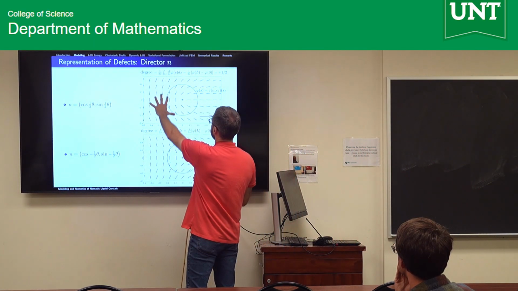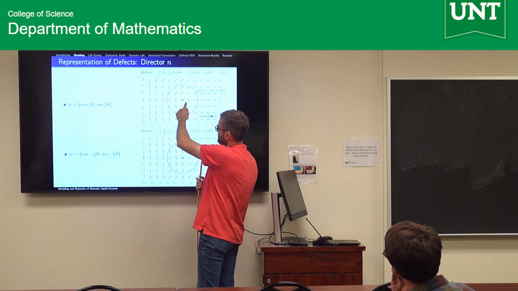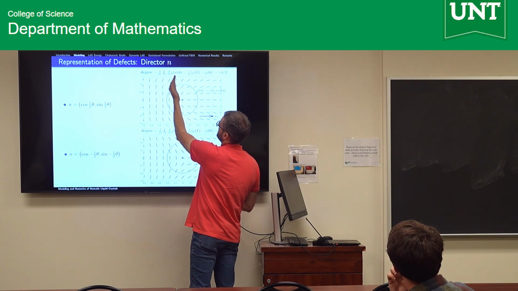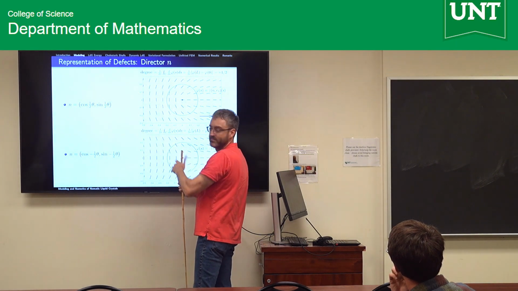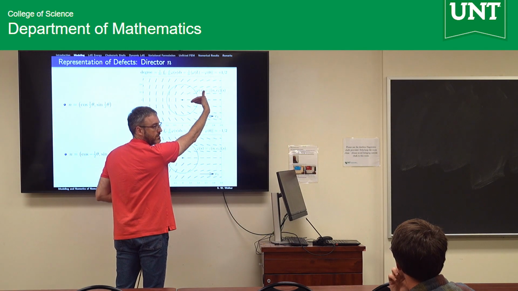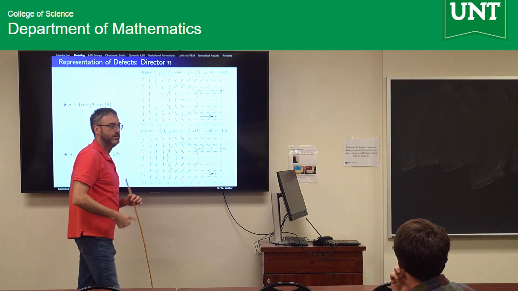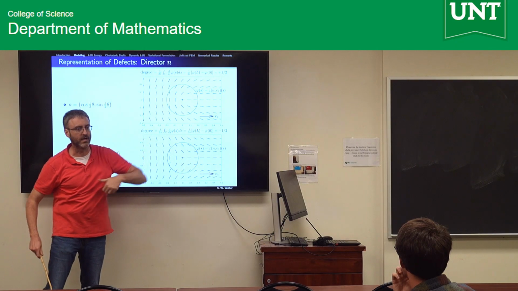So here's a +1/2 degree defect. You follow a path around where the singularity is, and you measure how many rotations the line segment goes through. This one goes through 180 degrees, or pi, and you normalize by 2 pi, so that's why it's a half. And this way, it bends back the other way, so that's why the change in sign.